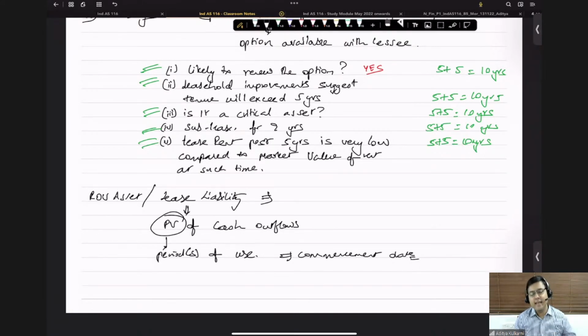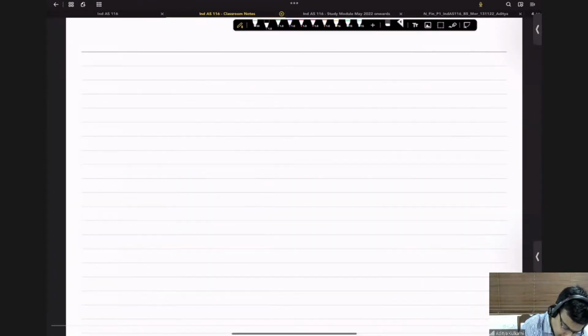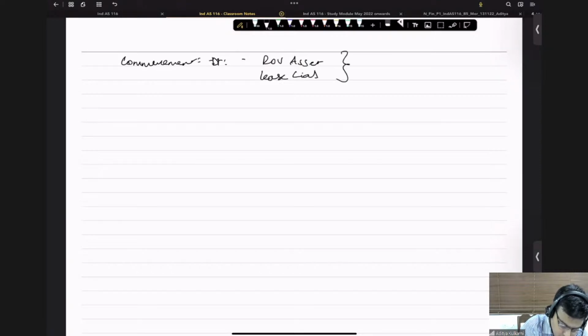You can reassess the lease term in the middle or during the middle of the lease tenure itself. So you can say at the end of the 3rd year, yeah, my restaurant has picked up. I am confident of doing well. So I will exercise the option. So then what will happen is, at the commencement date, you would have recognized ROU asset, lease liability for how much?